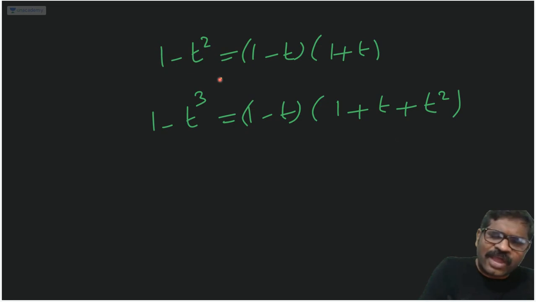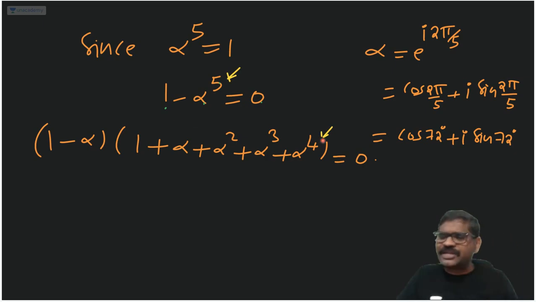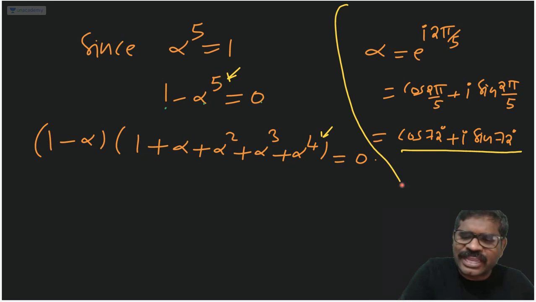If you have cube, you go till 2; if you have power 5, till 4. Now, alpha is not 1, since cos 72 degrees plus i sin 72 degrees is never 1.